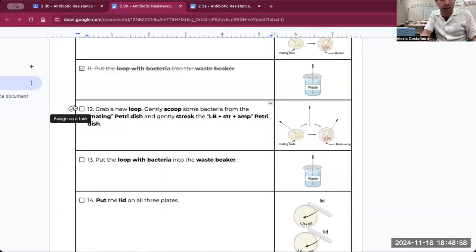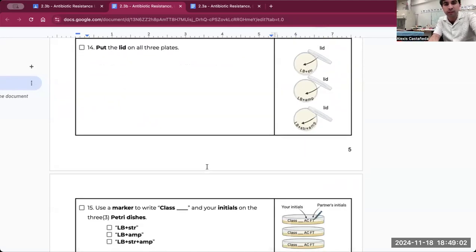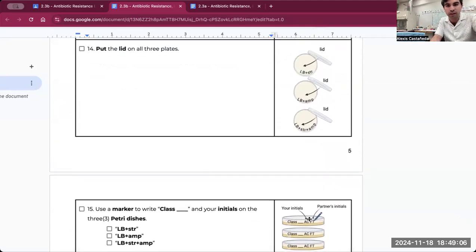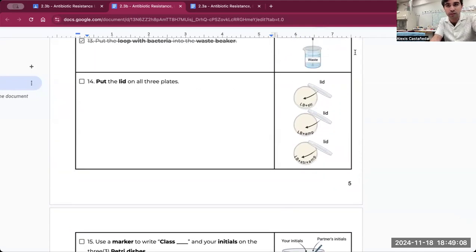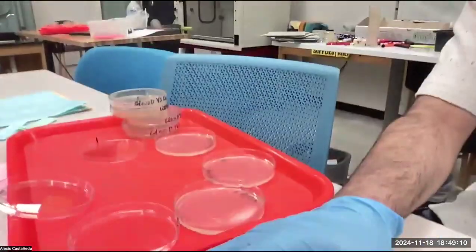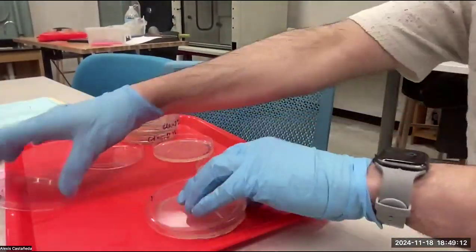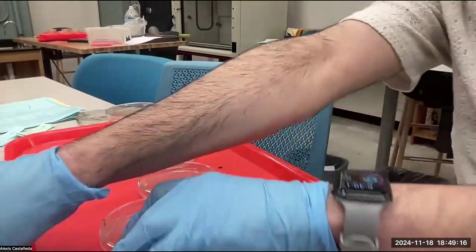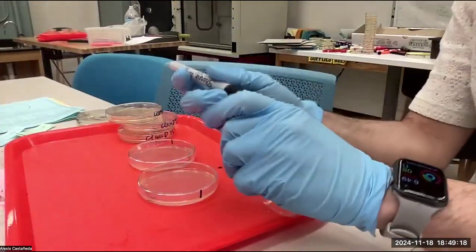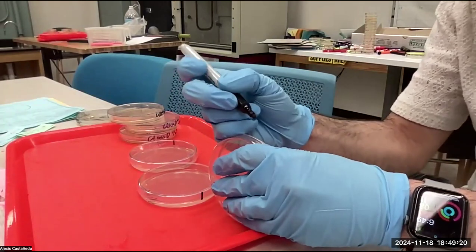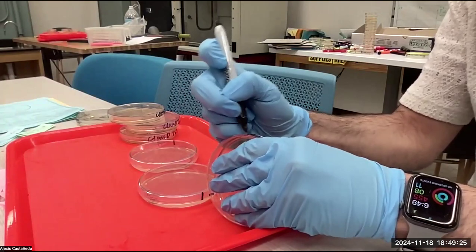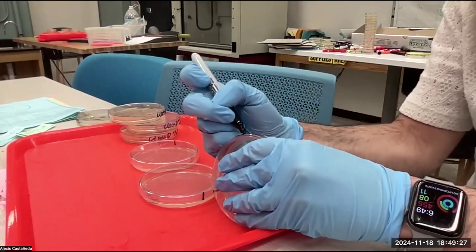We're going to put the lid on all three of the plates, and then, just as we did before, we're going to put our class and our initials. I'm going to put my class, and again, for you, it would be class A, B, C, or D. For me, I'm going to put class Z and AC.